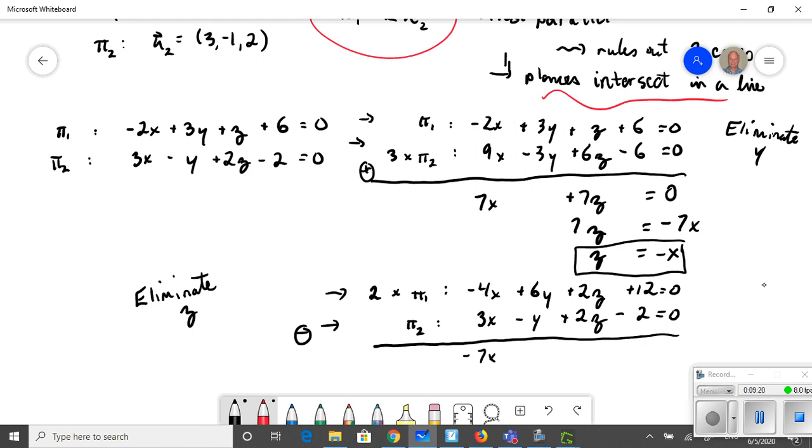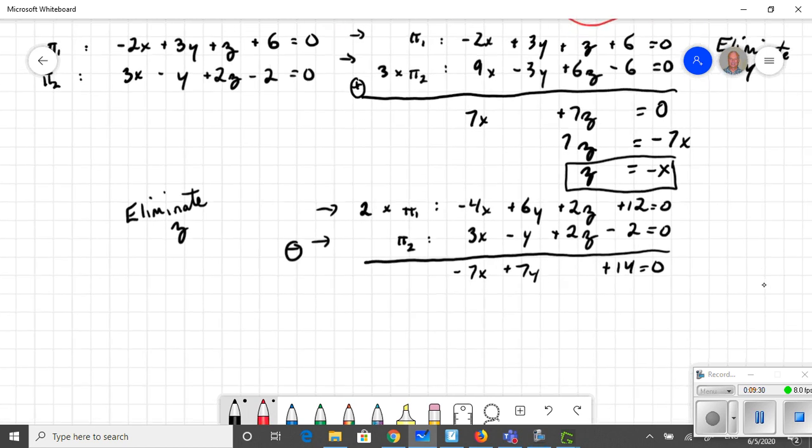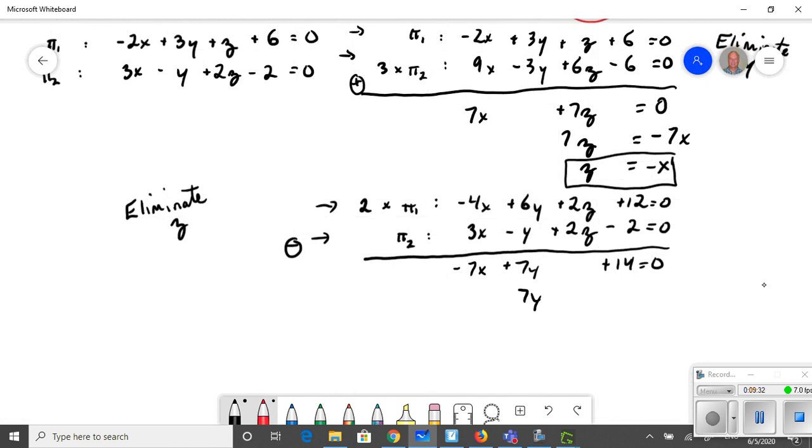If I subtract, I'm going to have negative 7x plus 7y, my z's will disappear, plus 14 equals 0. And remember, I want to solve for y. Negative 7x will become positive 7x minus 14, and I can divide both sides by 7, so it'll give me x minus 2.